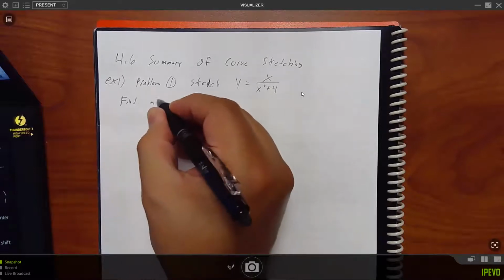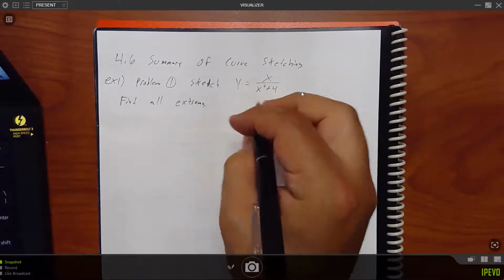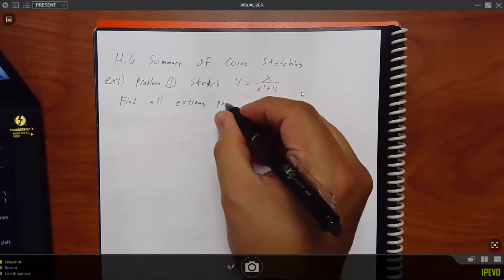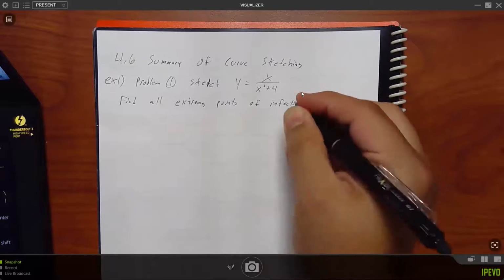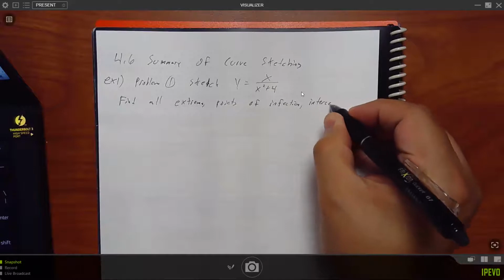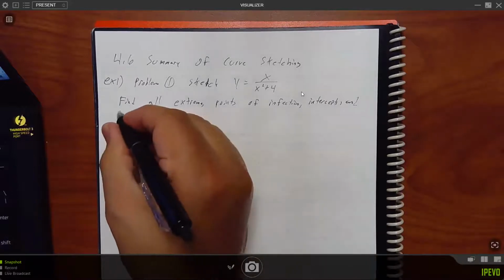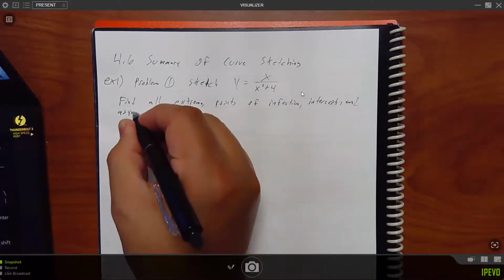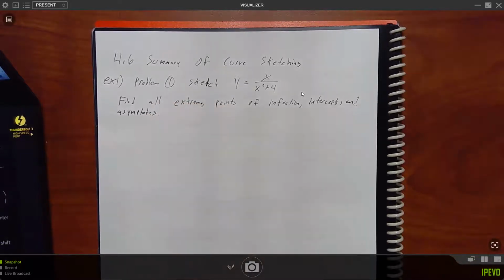Find all extrema, points of inflection, intercepts, and asymptotes. Good.